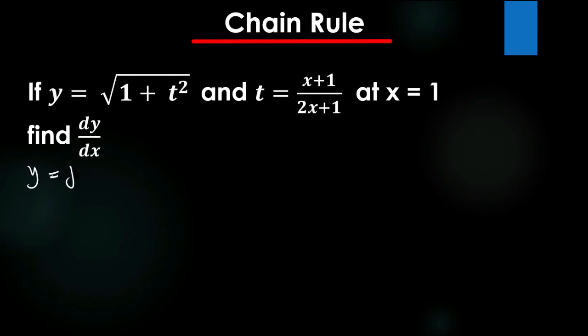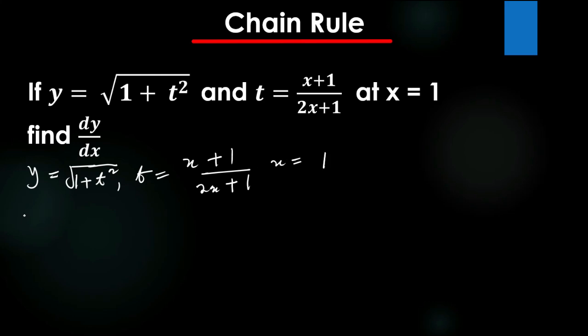we have y equals the square root of 1 plus t squared, and we have t equals x plus 1 over 2x plus 1, when x is equal to 1.